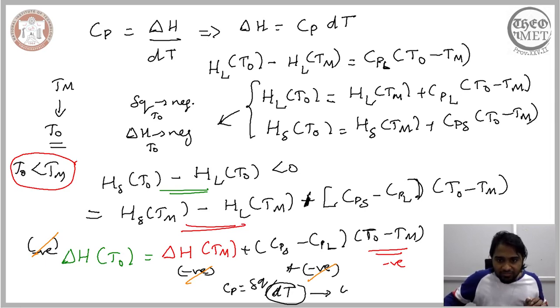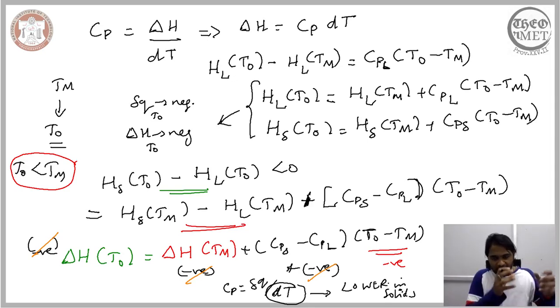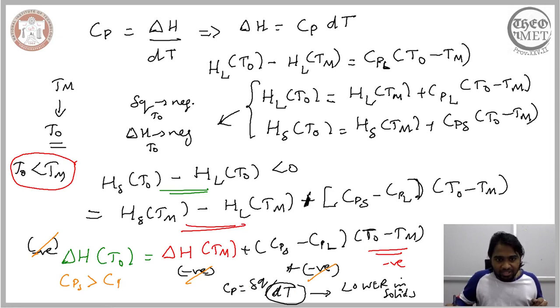This dT here will be lower in solids when compared to liquids. So therefore, since the denominator is lower in case of solids, the Cps would be greater than Cpl.